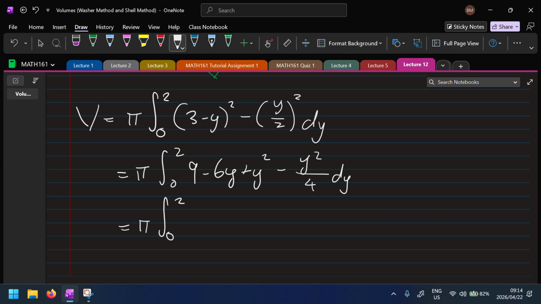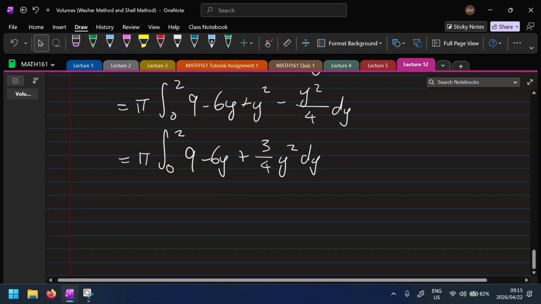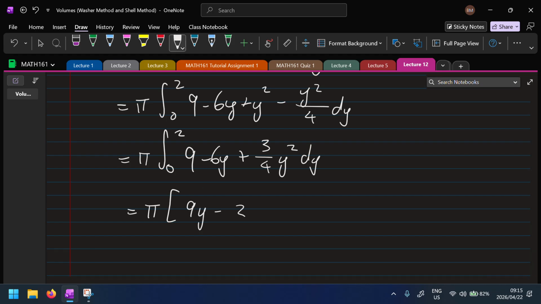Okay, we can simplify a little bit first. So 9, we can keep there, minus 6y. Then we have 4 over 4 minus 1 over 4, so that's 3/4 left over. Okay, so this will be pi, 9y minus 6 over 2, so that's 3y squared, plus 1/4 y cubed from 0 to 2.